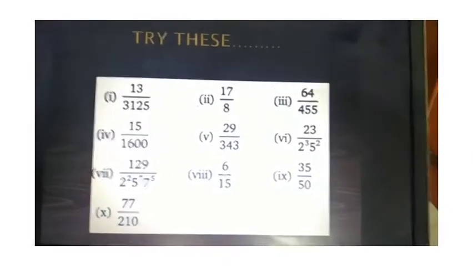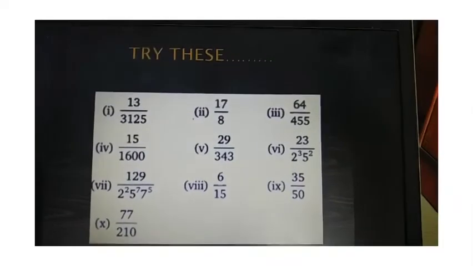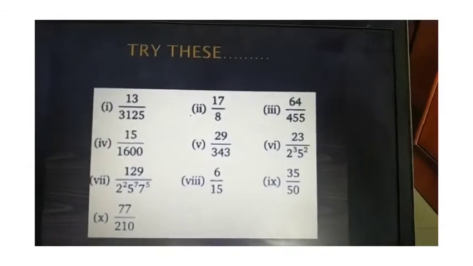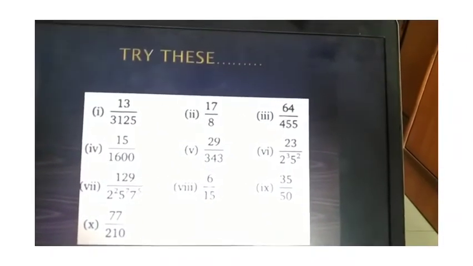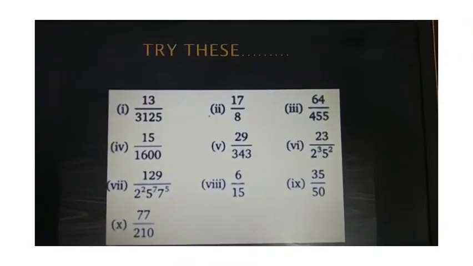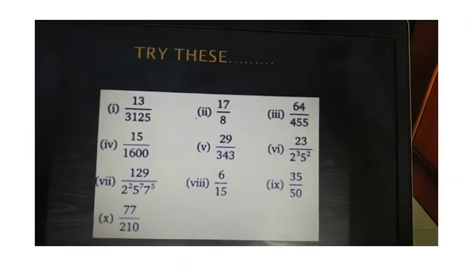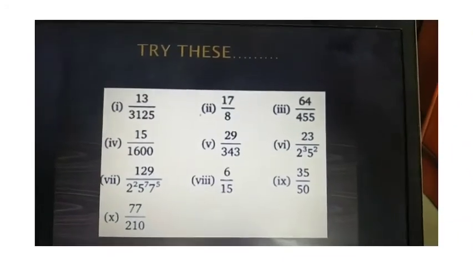So today's work is to try this worksheet as well as do your exercise 1.1 in your notebook. Go through the textbook if you have it, or else I'll send you the PDF of the questions as well as the answers. Copy it neatly and keep it as a record.